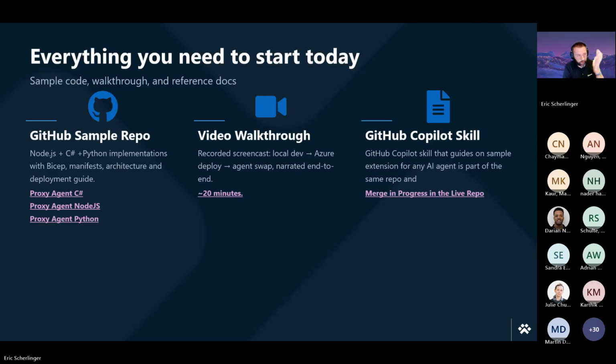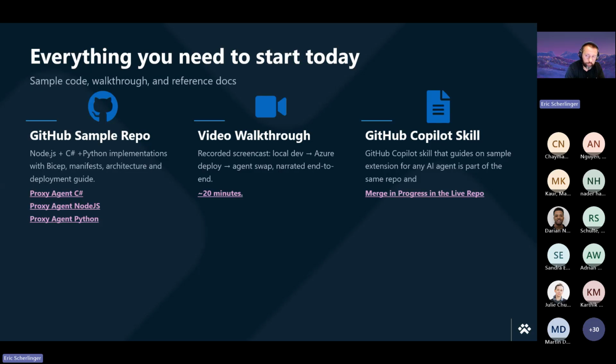In the deck that we'll share a bit later, you'll find the links to the 3 repos, one for C#, one for Node.js, and one for Python. They're all at parity feature-wise. They don't support file upload yet, but it's definitely happening on our side, not on the proxy agent side, but on the M365 Copilot side, because we're waiting for the feature.